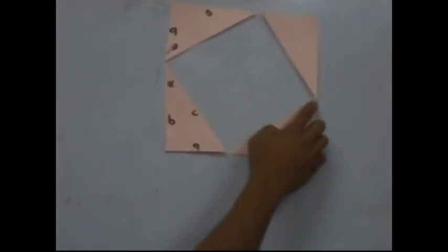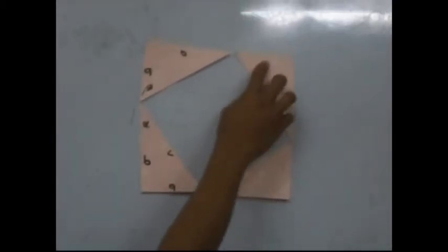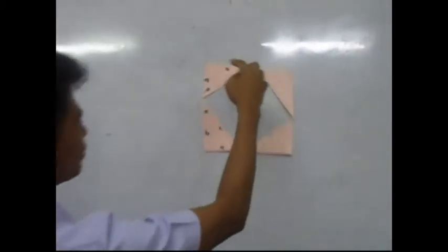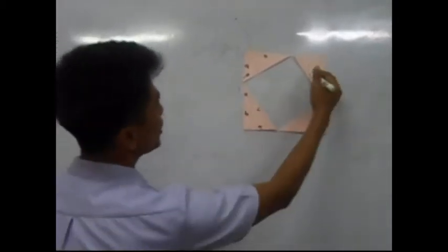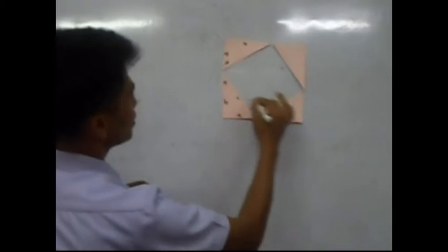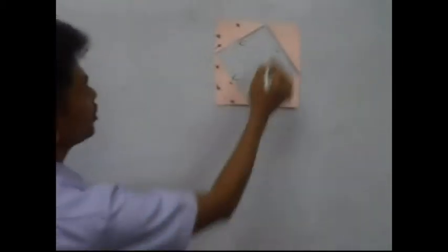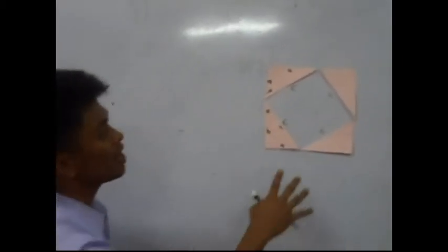So our four triangles make one square. We all know that this side is C, C, C, C, the hypotenuse of each right triangle.